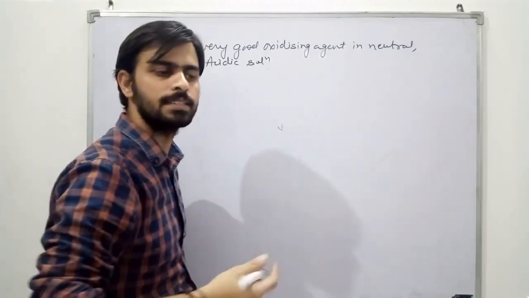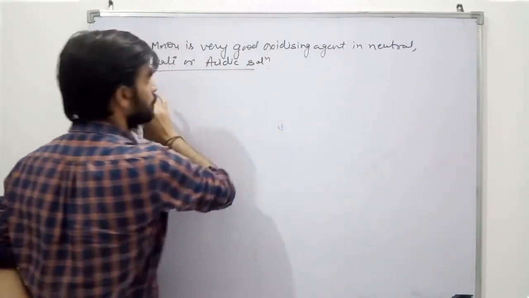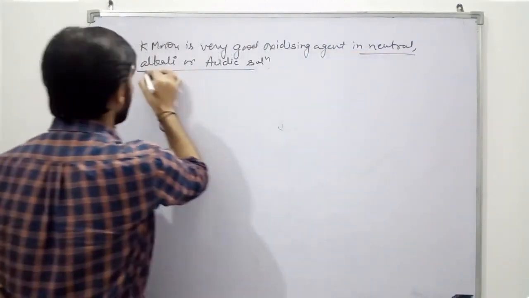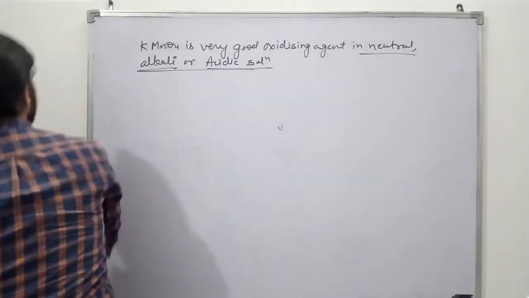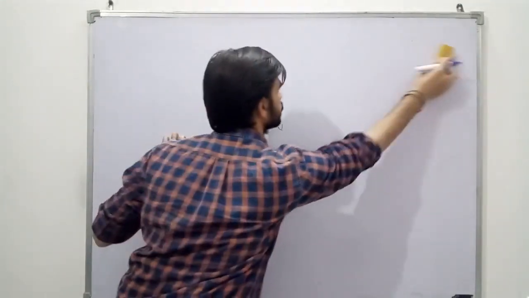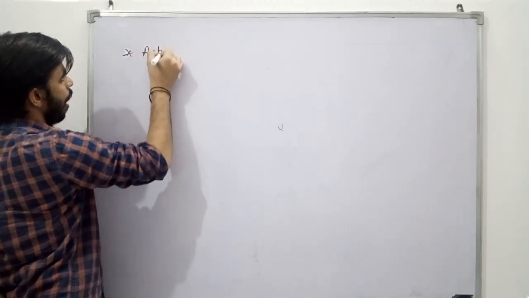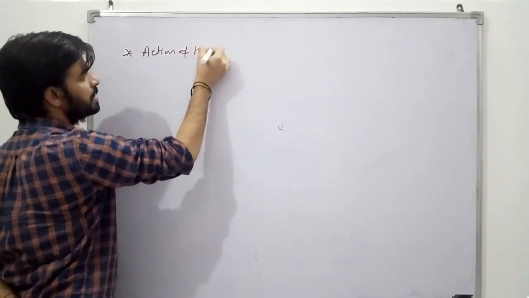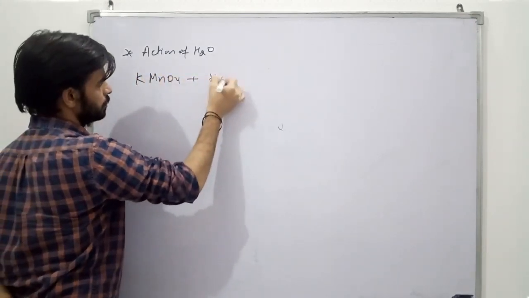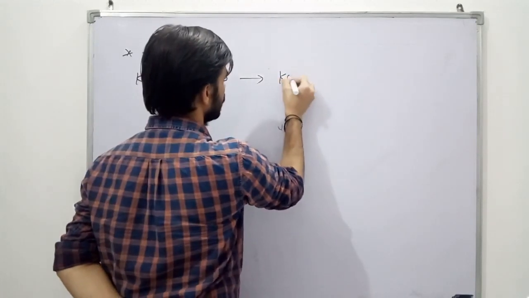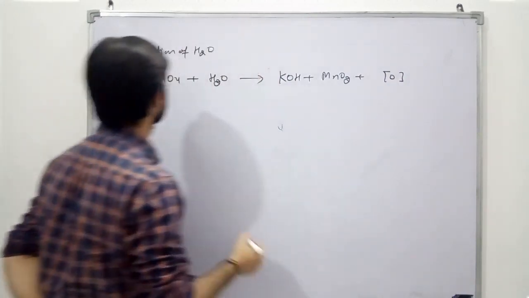So let's discuss all the properties of KMnO4 in neutral, alkali and acidic solution. Let's start with the neutral solution. Action of water. Neutral means water. When KMnO4 is treated with water, it converts into KOH, manganese oxide and oxygen.